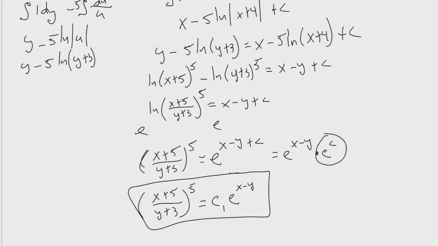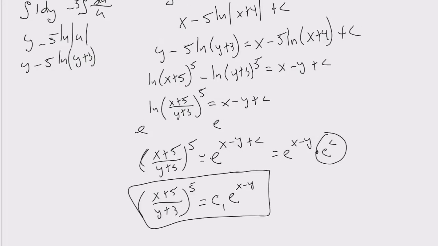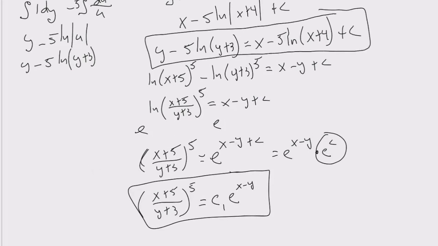But our initial answer was actually fine. All I was doing from the first box down to the second box was just using some exponent rules and some log rules to simplify our expression even further. So if I have some sort of initial conditions, that's a little bit of an easier equation to solve than maybe that initial expression was.